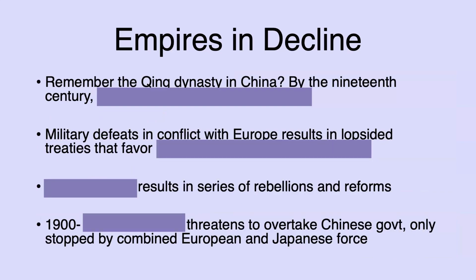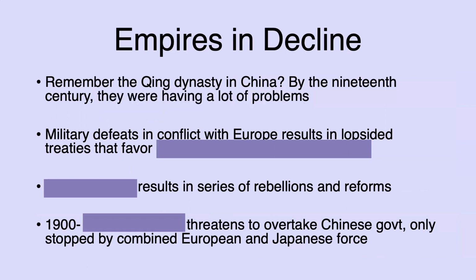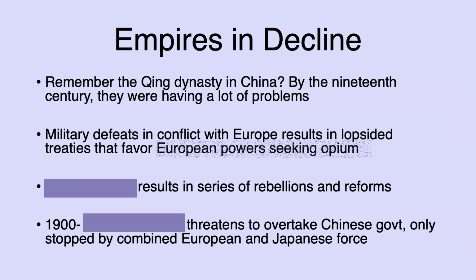But let's go back to China. Remember the Qing dynasty in China? By the 19th century, they were having quite a lot of problems. Military defeats in conflicts with Europe really resulted in lopsided treaties that favored European powers who were seeking opium. Opium is a type of drug that was particularly popular as a recreational drug in the 19th century.